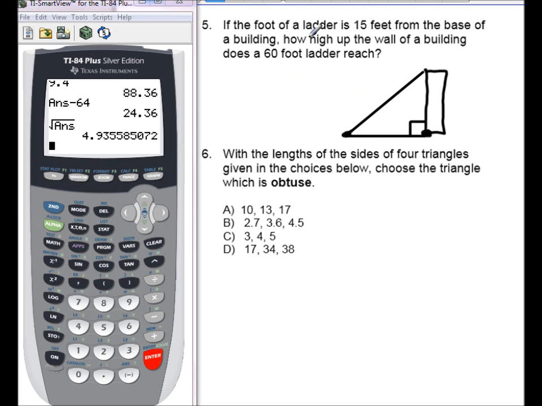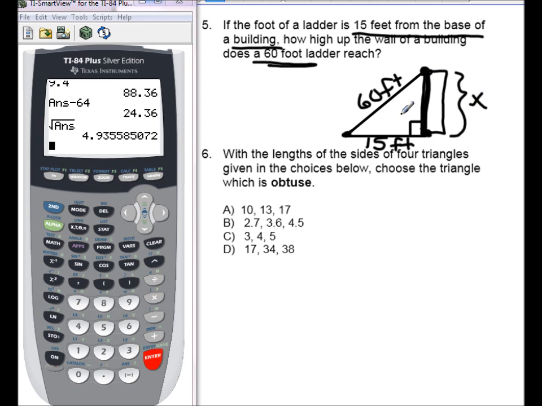So the ladder is 60 foot, and the foot of the ladder to the base of the building is 15 feet. And we're looking for how high up the wall the 60-foot ladder reaches. So how far is this distance here?